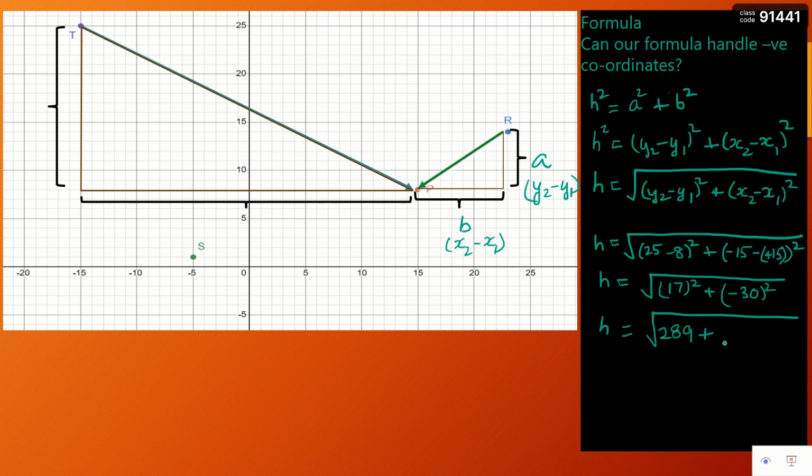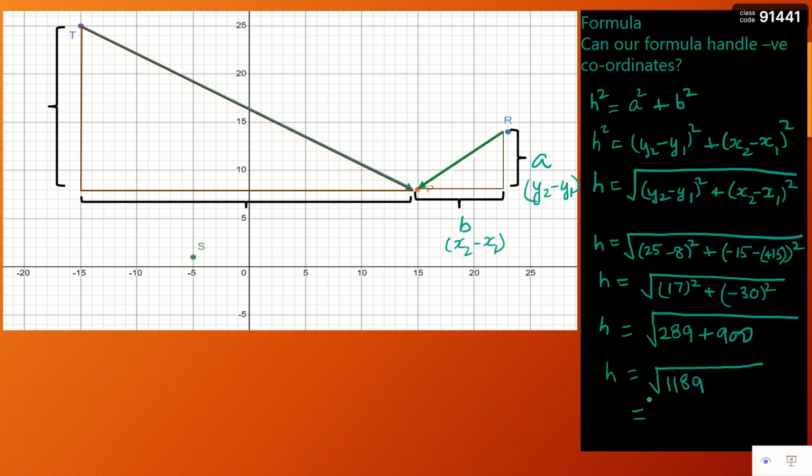It's minus 30 times minus 30, which is positive 900, and therefore the hypotenuse is the root of 1189, which at this point you can either calculate or use a calculator.